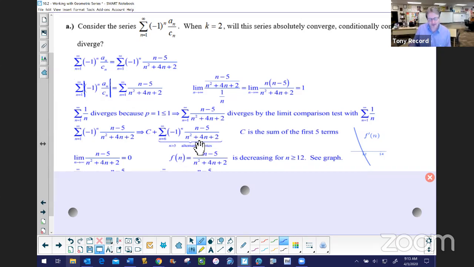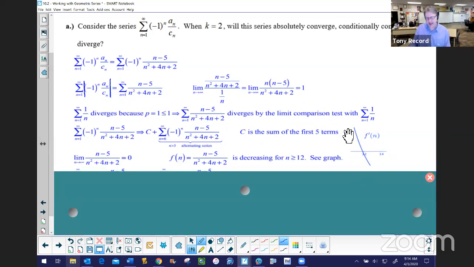So if we apply a function to this particular series, we're going to call this temporarily f of n. We know that this f of n is going to decrease at some moment. Why do we know that? Well, because we cheated, right? We took a calculator and we took the derivative of this function and graphed it.